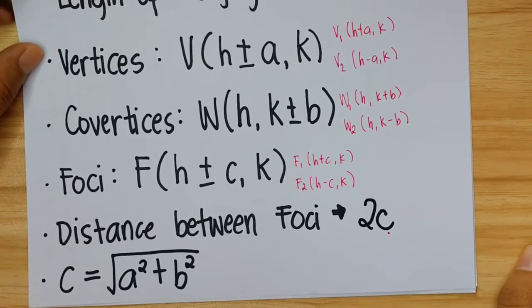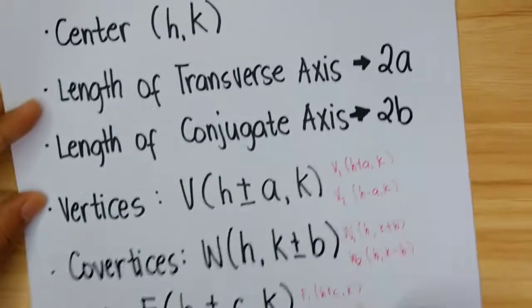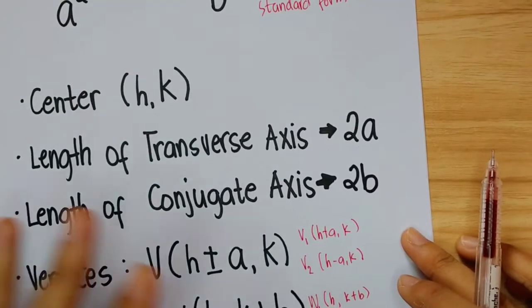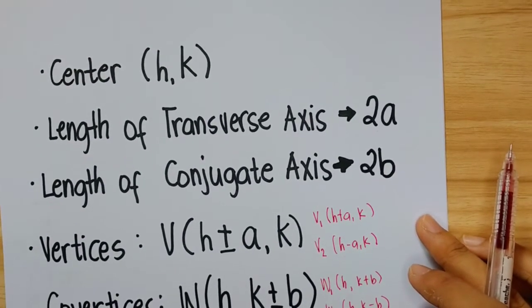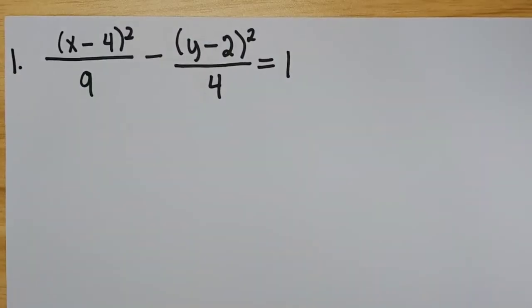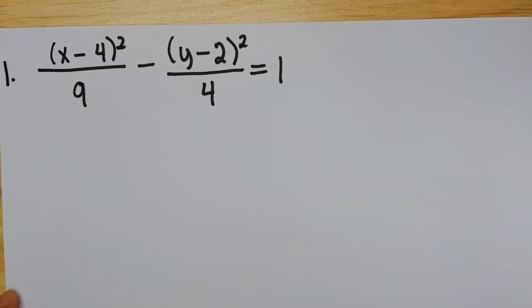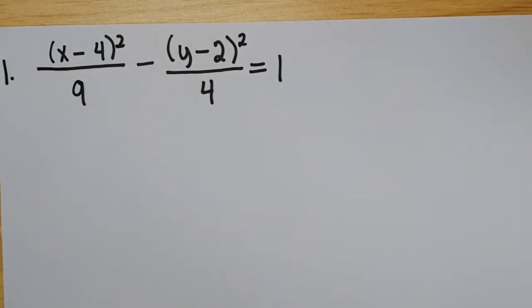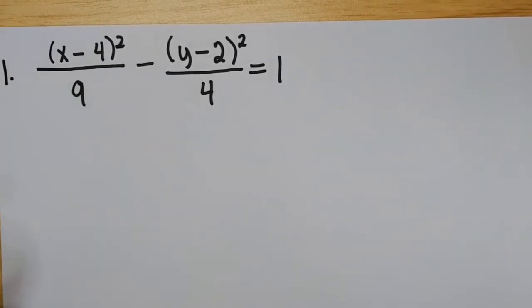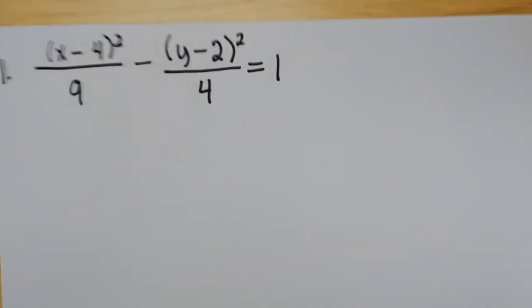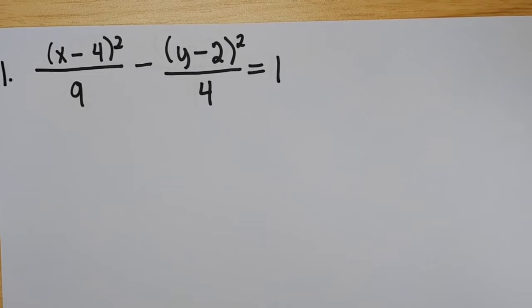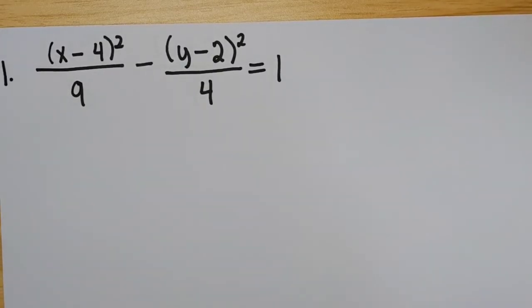To understand these properties, let's have some examples. Example number 1: given the standard form of the equation, (x minus 4) quantity squared all over 9 minus (y minus 2) quantity squared all over 4 is equal to 1.